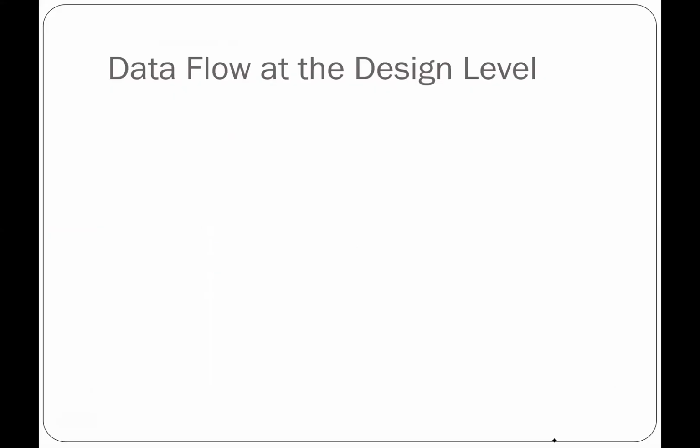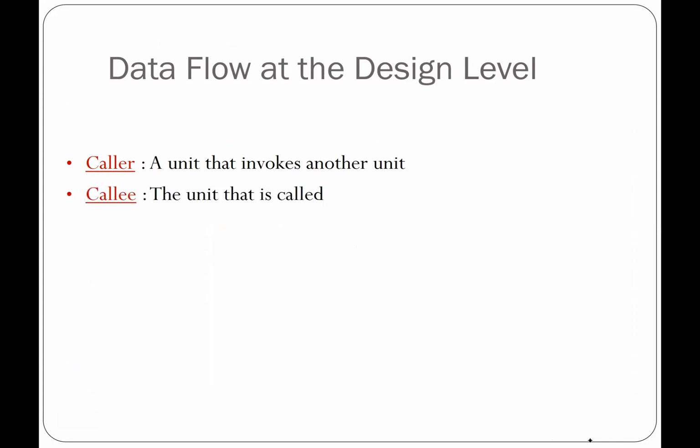There we go. Now we're going to look at a whole bunch of definitions as they arise with integration testing. The definitions are pretty straightforward, but you have to remember them and not confuse them with each other. The first is a caller, which is the unit that invokes another one. A callee is a unit that is being called.